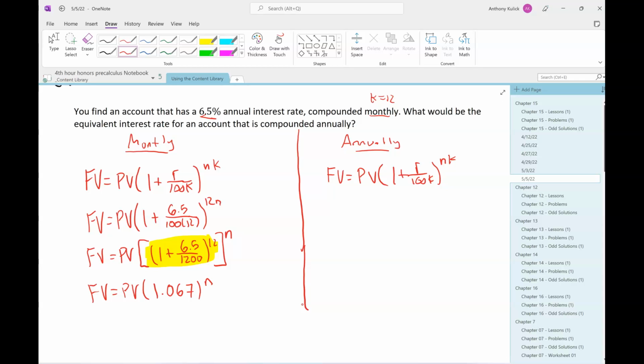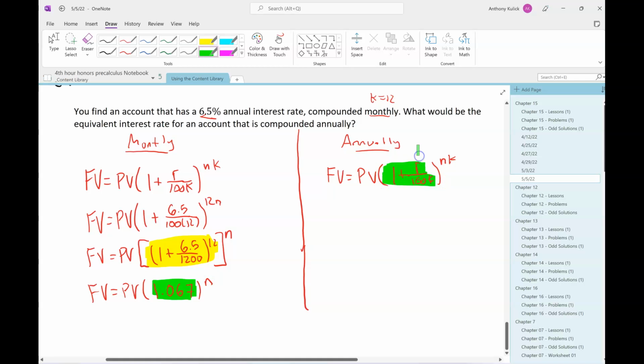Still doing okay? Now take a look at where we're at with our monthly equation and where we're at with our annual equation. Everything other than the stuff inside the parentheses. What can we say about the annual?